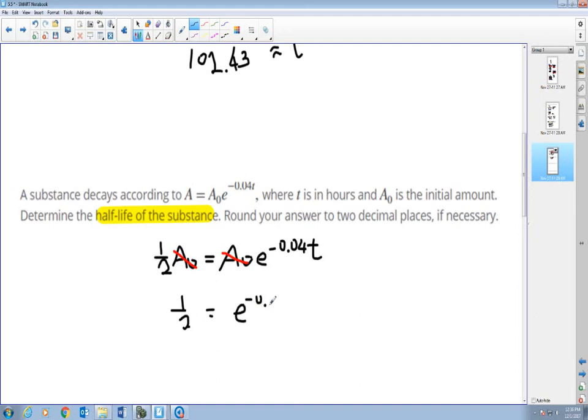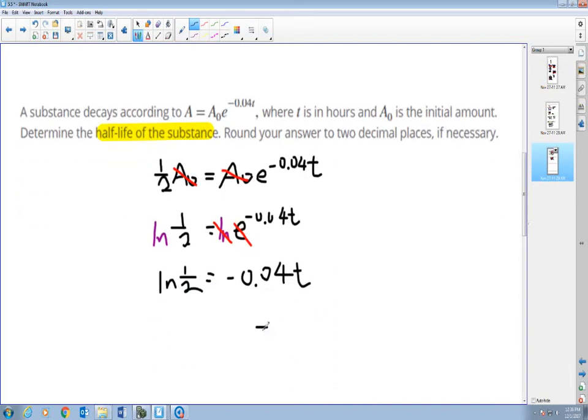So just like the previous problem, to get t by itself, I will need to take a natural log on both sides, because natural log and e will cancel out. So the only thing I got left with here is negative 0.04t equal to my natural log of a half.